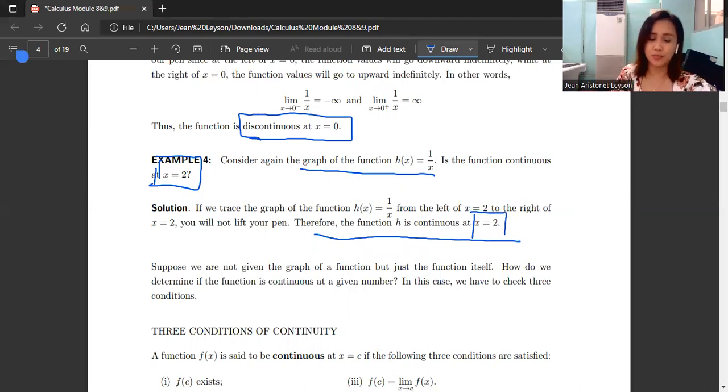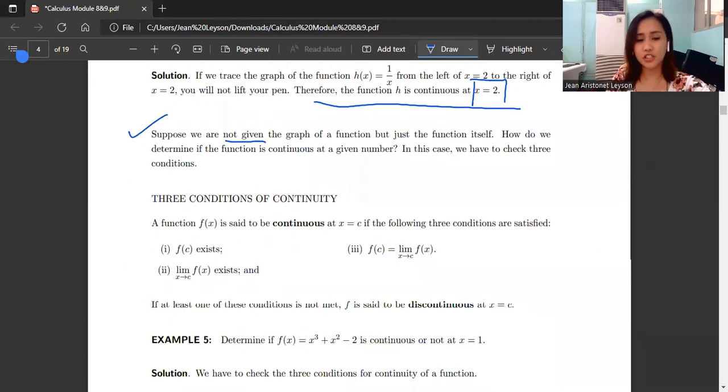So now, suppose we are not given the graph of a function, but just the function itself. How do we determine if the function is continuous at a given number? In this case, we have to check 3 conditions. Take note of these. So the 3 conditions of continuity. A function f of x is said to be continuous at x is equal to c if the following 3 conditions are satisfied.